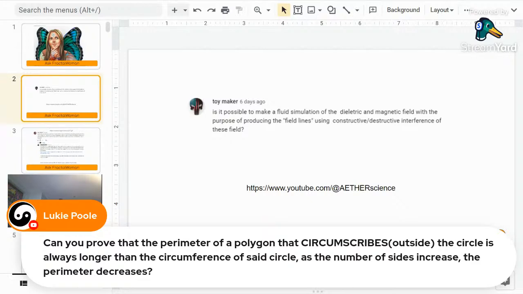So this is kind of a mathematical question. I think I know what you're getting at here. And I really don't have the time to do a mathematical proof right now. But basically, as the number of sides increases, it's kind of like in calculus where if you integrate more, you're going to get closer to the solution.